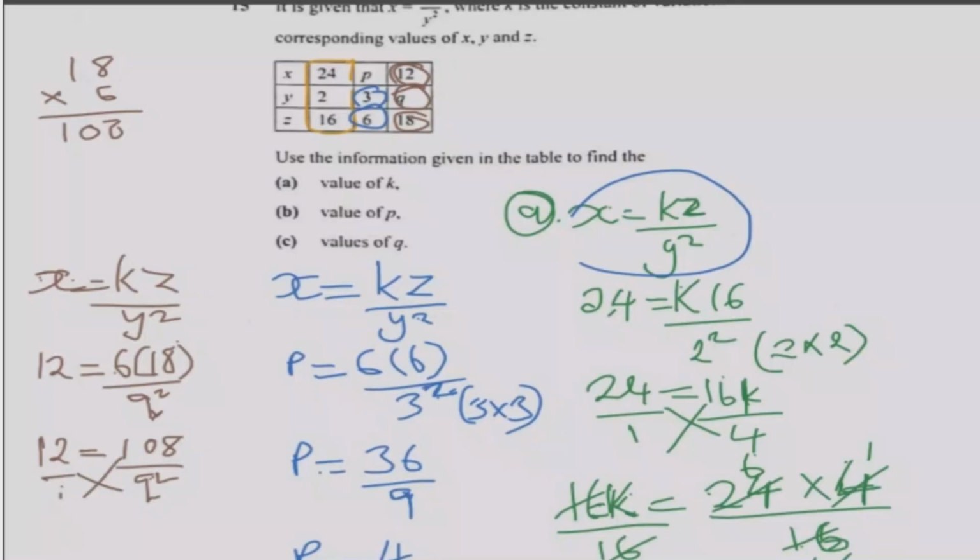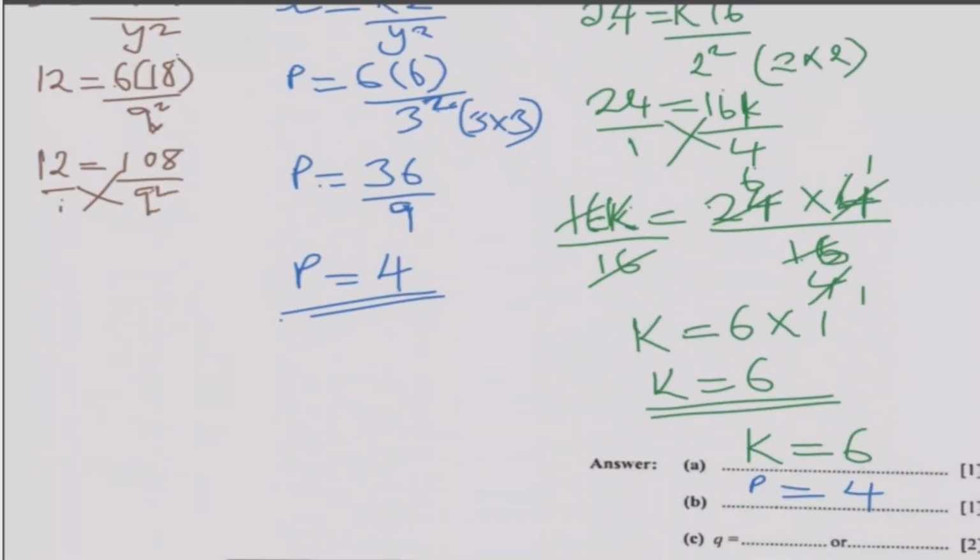So what we're going to have is 12 q squared is equal to 108. We want to remain with the q on one side of the equal sign. So first we divide both sides by 12.